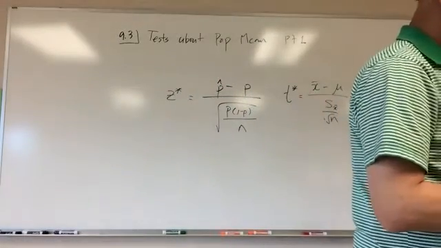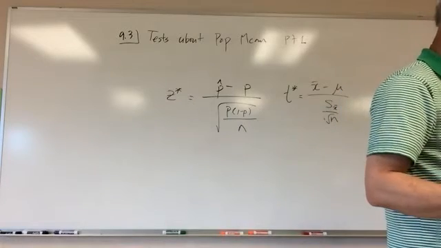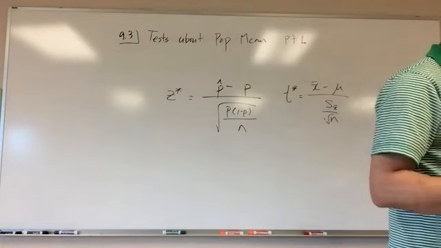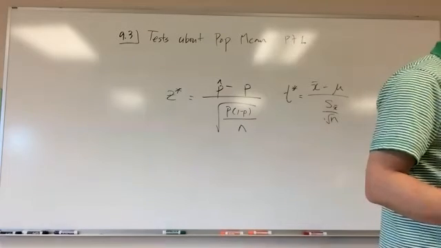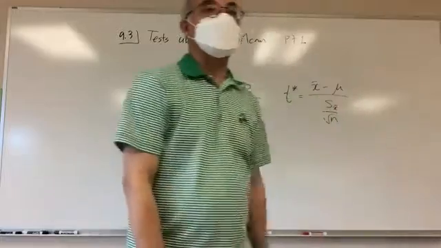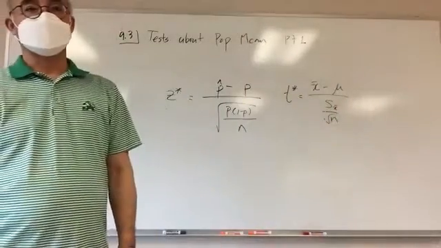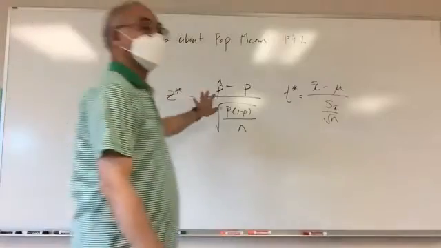You're going to use your t-distribution table at the end, right? Where's the t table? Oh, table 3. We're going to use table 3 to find what the p-value is. Okay, so the rest is the same as we did for the proportion, right?